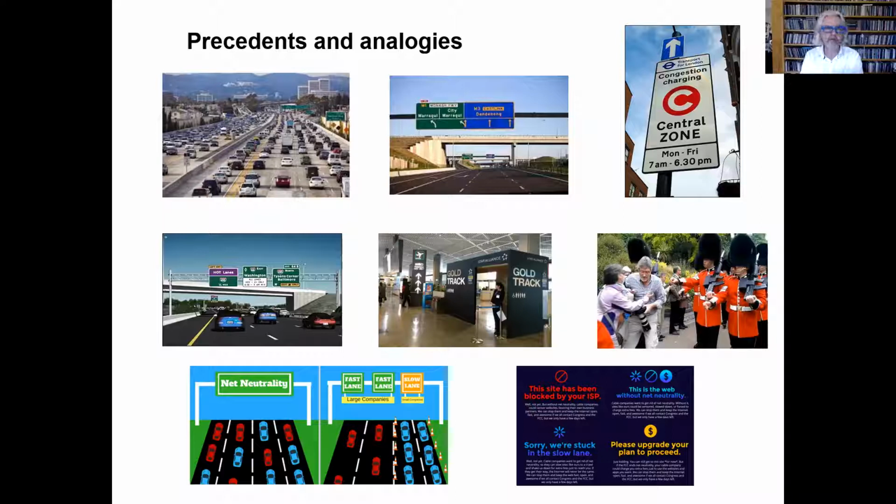Now, the other context in which a similar set of issues has been thrashed out is debates about what's called net neutrality. So the idea that when it comes to the access provided to data on the internet, all data should be treated equally. What that means is that, for instance, people can't slow down your access to the internet for the sake of speeding up someone else's if they've paid more money.